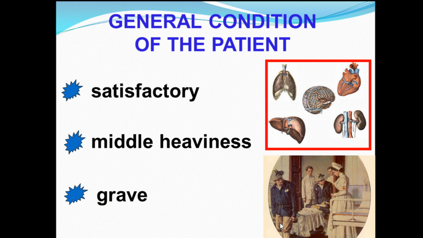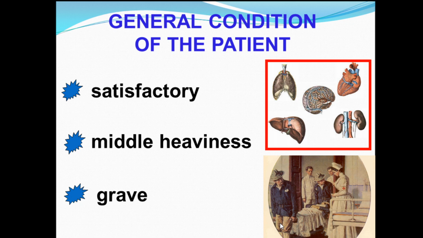And you understand, depending on general condition, we will determine the next way of his treatment and examination. A patient with grave condition is usually immediately hospitalized in the emergency aid department, because they need constant control of the function of vital organs, and sometimes the activity must be controlled by special apparatus.